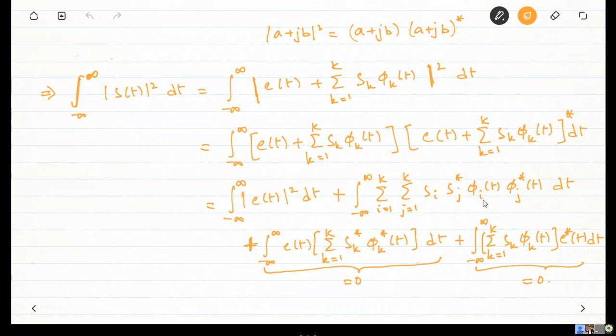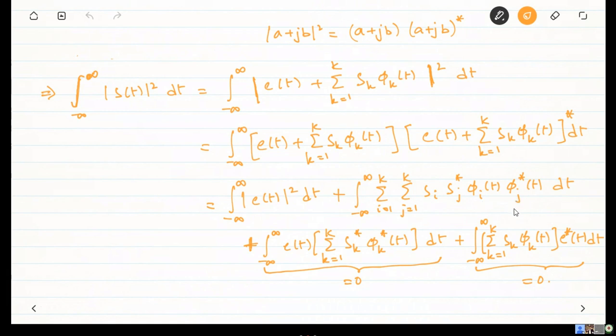In the second integral also you apply the orthonormal property of these functions phi. So phi i of t multiplied by phi j conjugate of t dt will be 0 when i is not equal to j, because phi i is orthogonal to phi j.